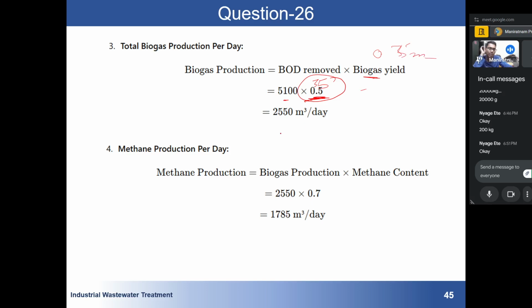So this much biogas is being produced, and of whatever biogas has been produced, only a fraction is methane content, so that value has been multiplied by 0.7. So this much methane is being produced.